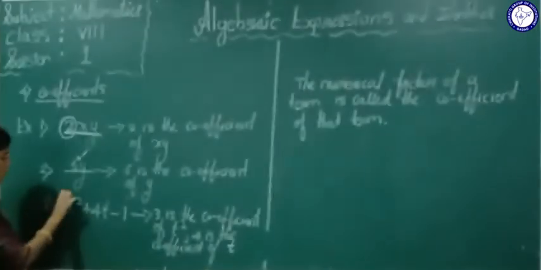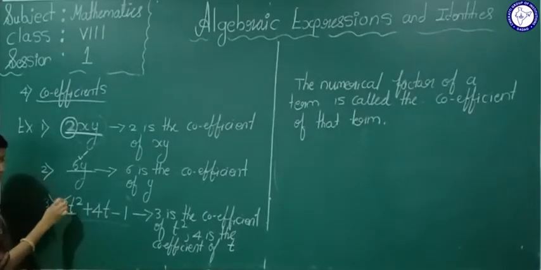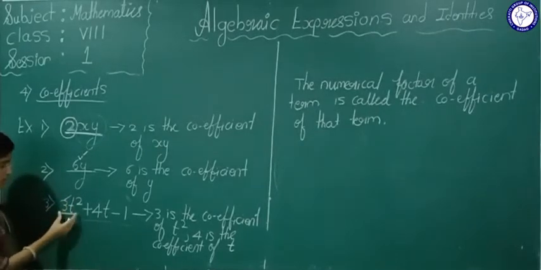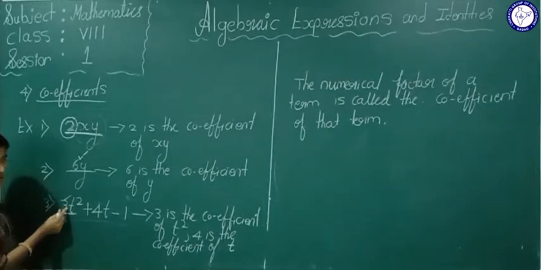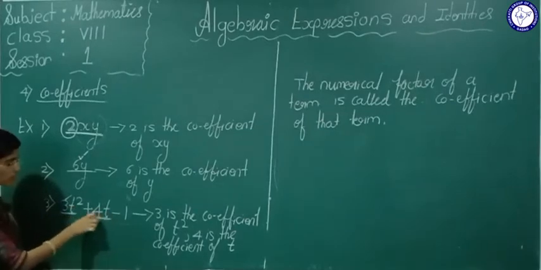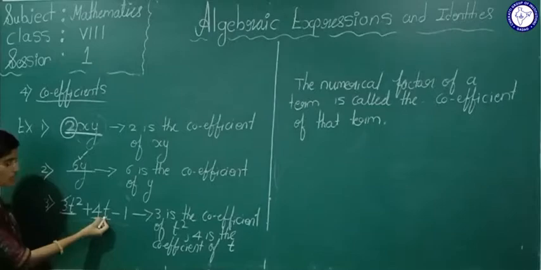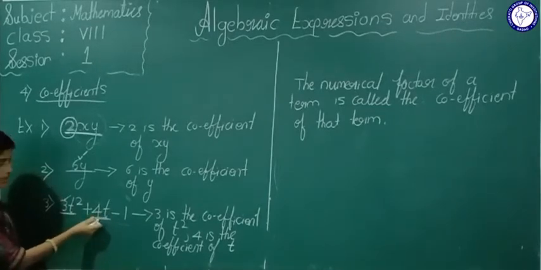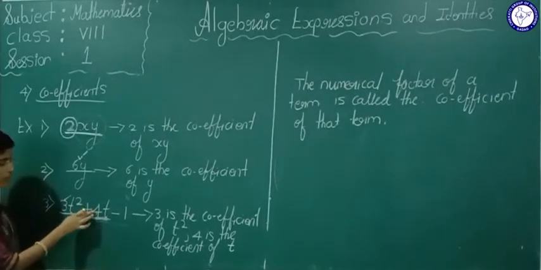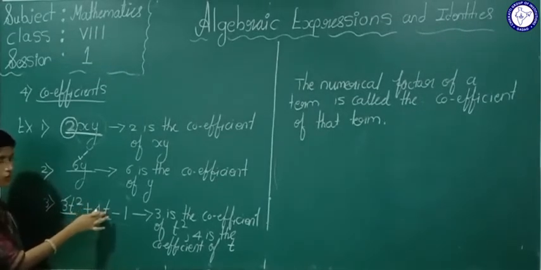Now here 3 is the numerical factor of this term, 3t square. So what can we tell? 3 is the coefficient of t square. In this term, if I ask you what is the coefficient of t, that is 4. 4 is the coefficient of t.